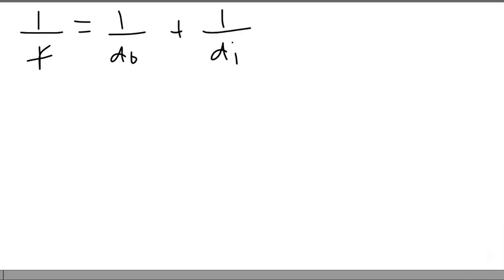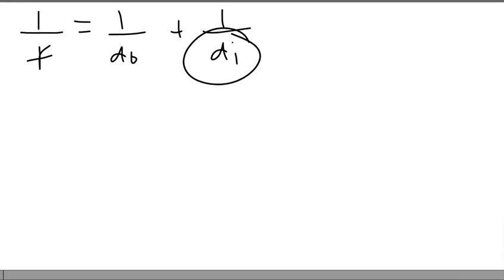All right, so first let's write our equation. Let me see if I can make this bigger. I'll just move it over here. Our equation is 1 over F equals 1 over dO plus 1 over dI. We want to solve for the distance of the image. Where is that image going to pop up?